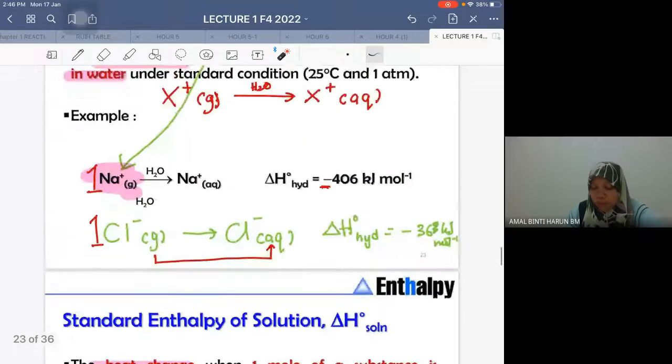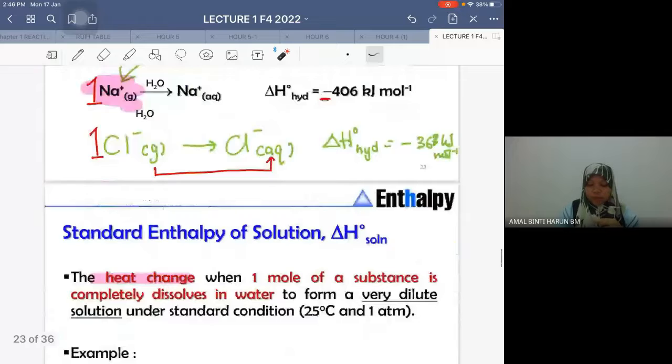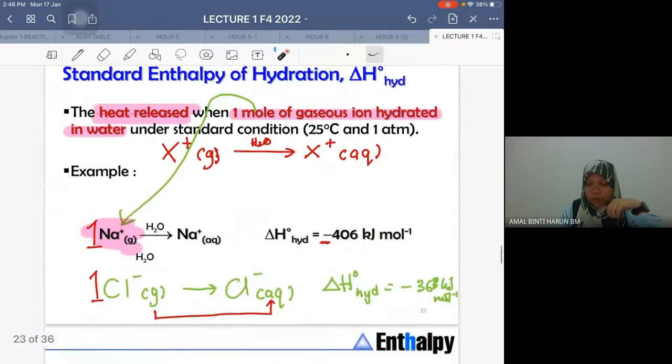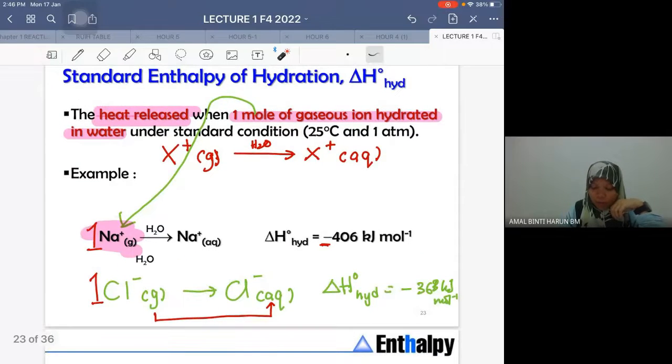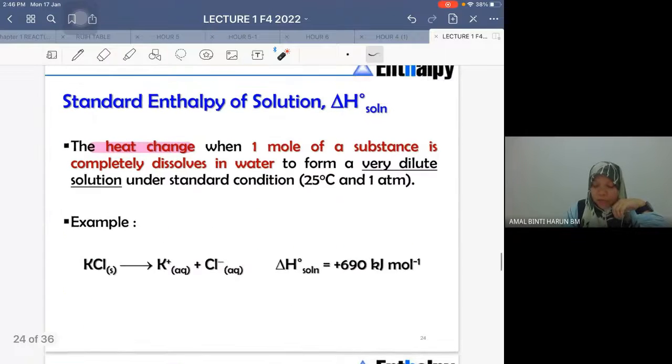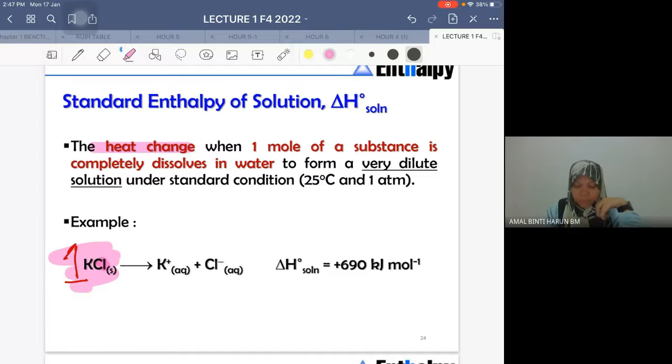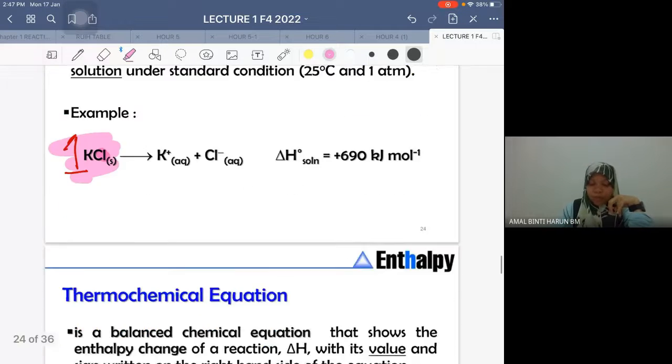Okay, so kebanyakan student keliru heat of hydration. Hydration adalah apabila gaseous ion menjadi aqueous ion. Tapi kalau enthalpy of solution, it can be solid, liquid, apa semua, tapi masukkan dalam air, dia akan terpecah menjadi ion. Yang mana yang kena 1 molar? Yang ni. Okay. 1 mole of substance dissolved.